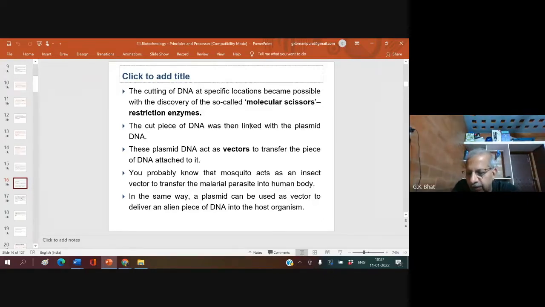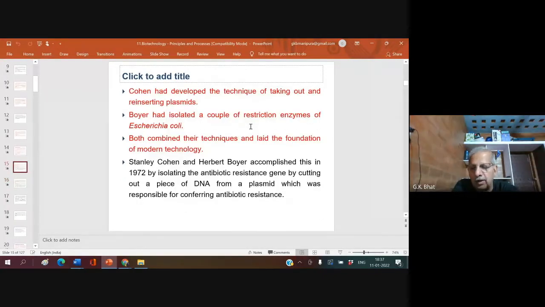So, who are these scientists? One is Cohen. What is the expertise of Cohen? Cohen knew the technique to take out the plasmid and reinsert the plasmid. He developed the technique of taking out and reinserting plasmid.